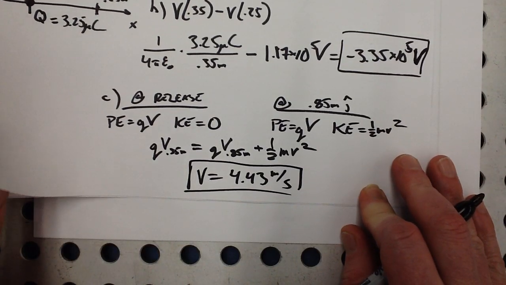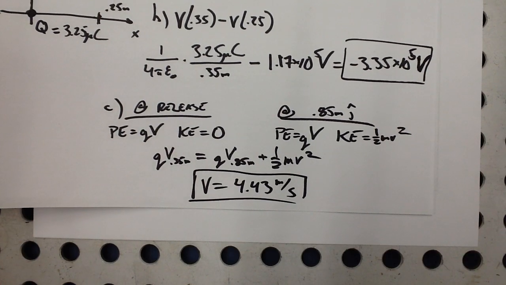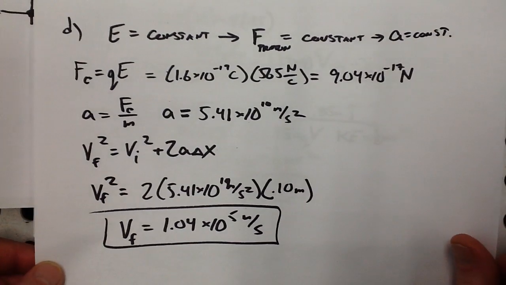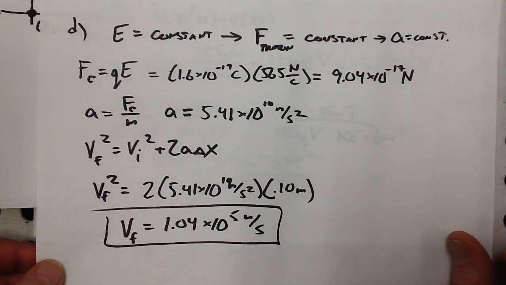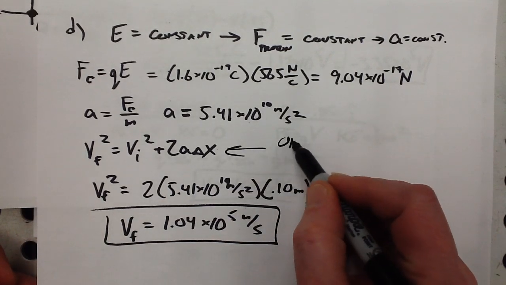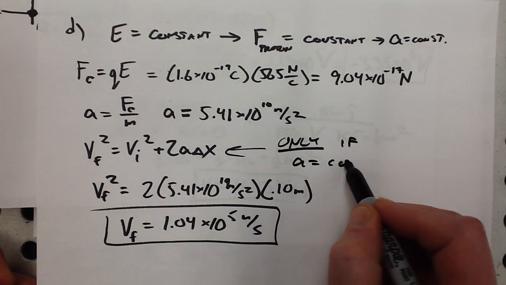And part D: how come we can't use the kinematics approach that we used in part D for number 2? The answer is these kinematics equations only apply if acceleration is constant.